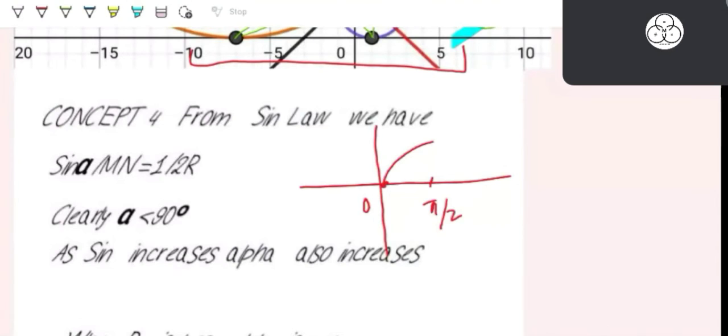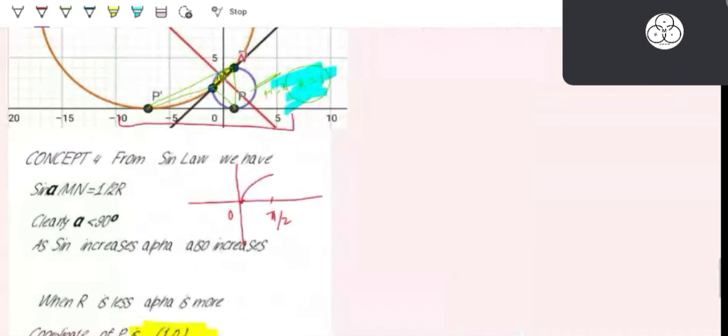Let's try to clarify the doubt. Before that, let's find out which angle is larger, the angle MP'N or MPN. Clearly, for the angle MPN, the radius is smaller.